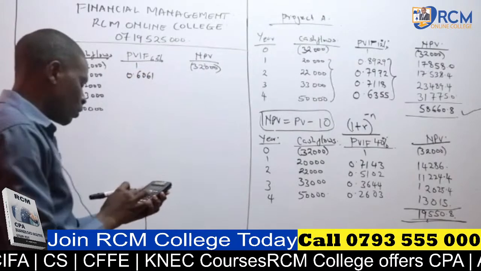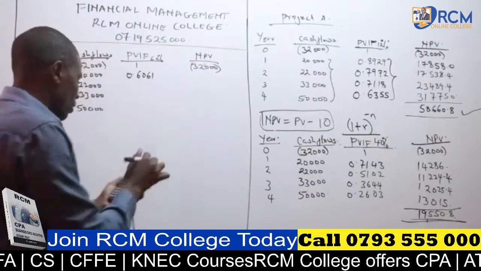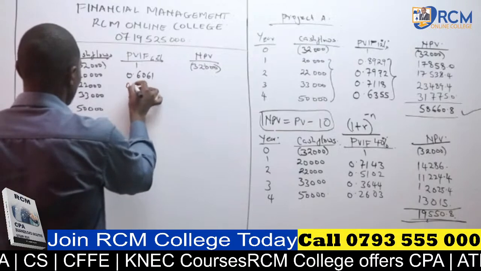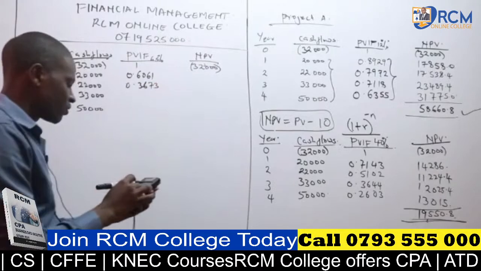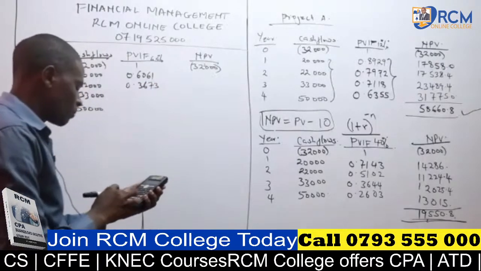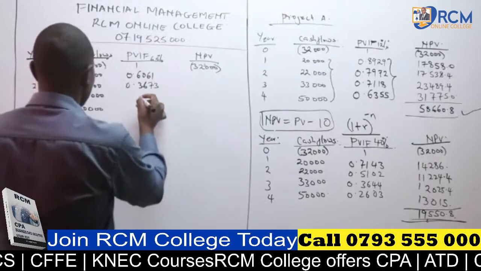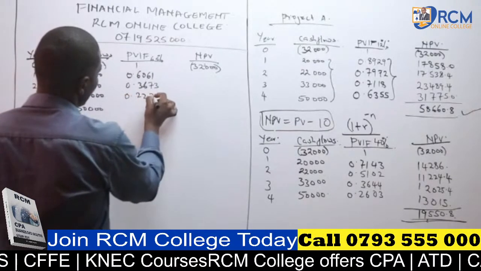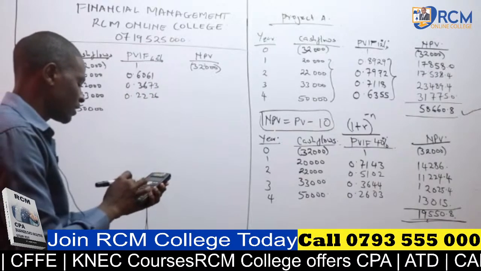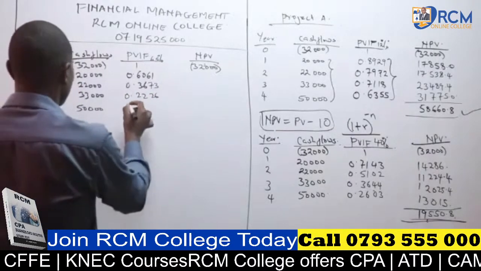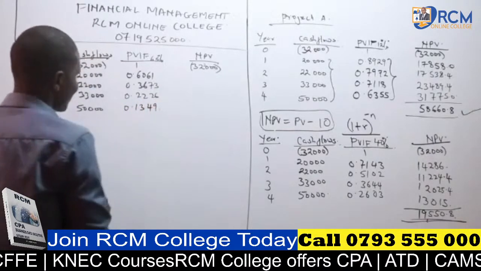Good. 1.65 raised to negative 2 is 0.3673. Almost there. 1.65 raised to power negative 3 is 0.2226. Wow. 1.65 raised to power negative 4 is 0.1349. Do you think this will give us a negative?